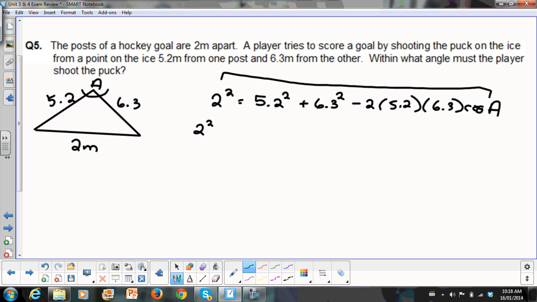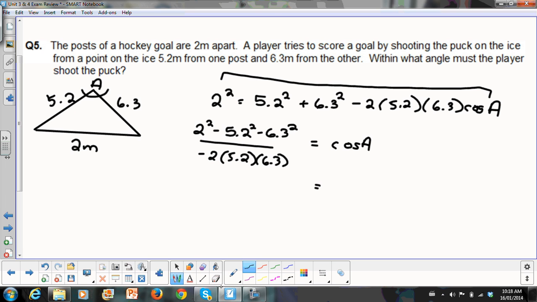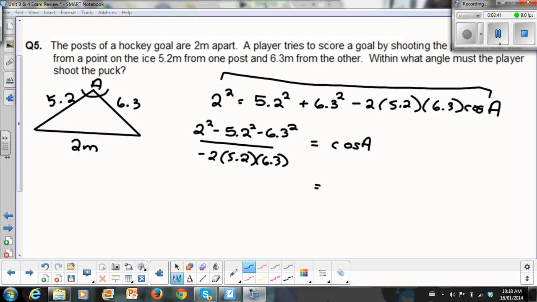If I rearrange this, and again there are different versions of this law that you used, you get something like this. And when we solve for A, doing all of the algebra, we get 17 degrees.